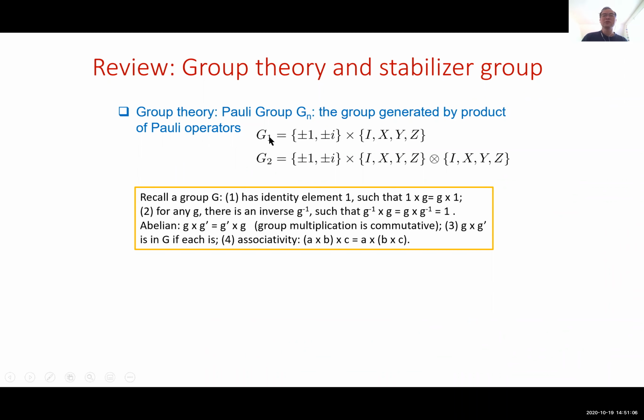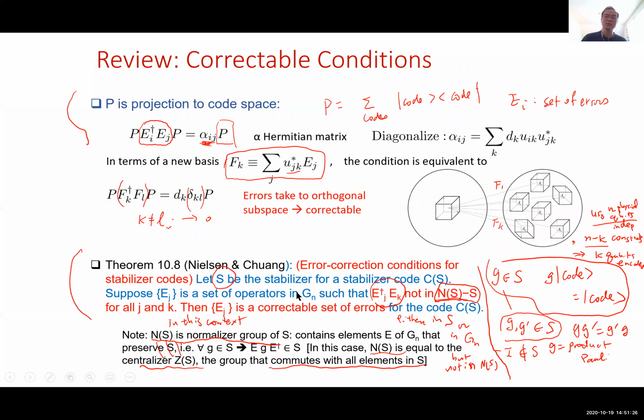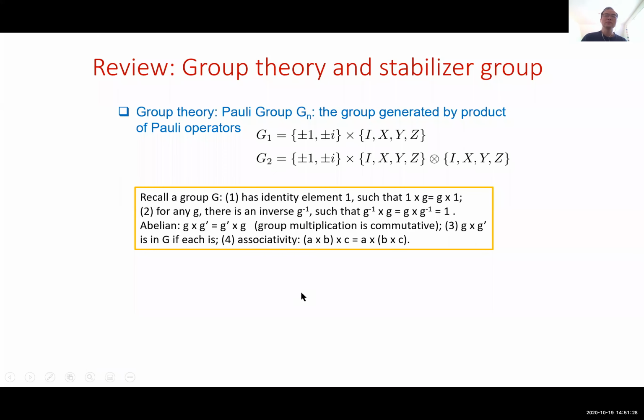Okay, and this is G1, meaning you have 1 qubit. G2, you take all possible products of single-qubit Paulis to form 2-qubit products of Paulis. And you have n qubits. This is called the Pauli group. Gn that we use, right? Gn is the n-qubit Pauli group.